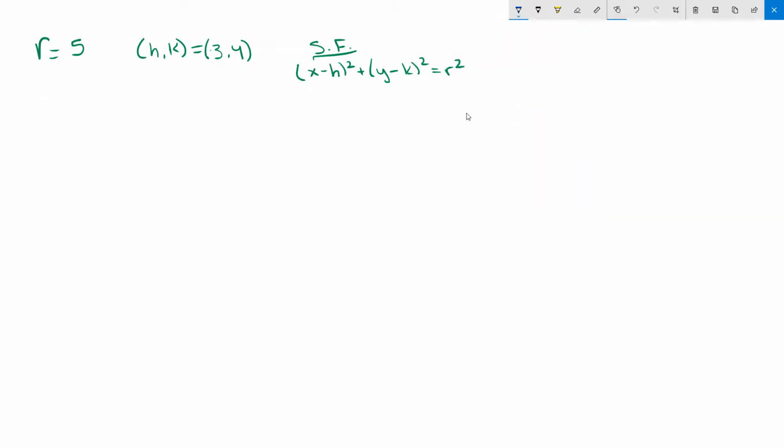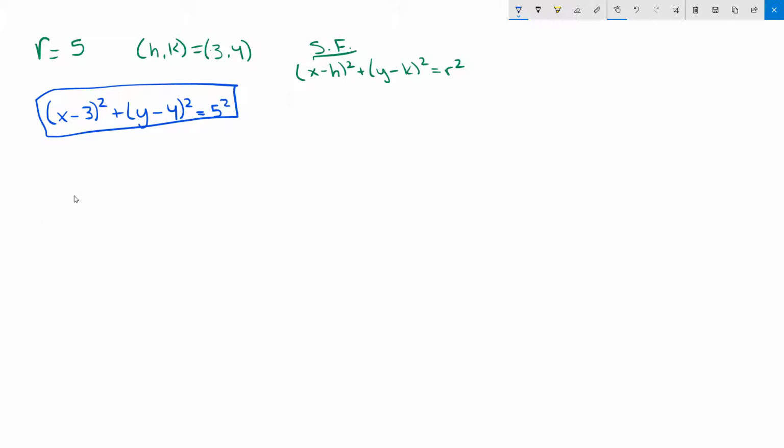We'll have (x minus 3) squared, plus (y minus 4) squared, equal to our radius squared, which is 5 squared. And that's it. You are done writing it in standard form. It's just as easy as that.